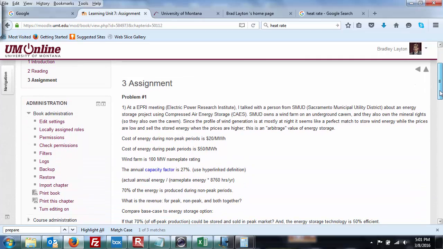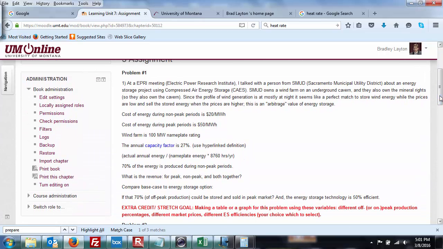Okay, at Electric Power Research Institute, I talked with a person from Sacramento Municipal Utility District about an energy storage project using compressed air. SMUD owns a wind farm in an underground cavern. They also have the mineral rights, so they own the cavern.